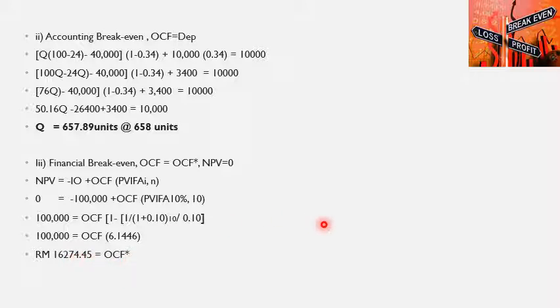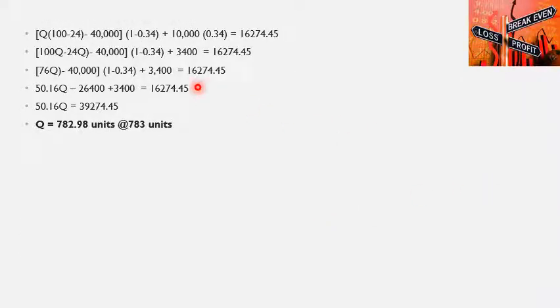To find Q for financial break-even, OCF equals OCF star. So you put the same information based on the question: Q(100 minus 24) minus 40,000 times (1 minus 0.34) plus 10,000 times 0.34 equals 16,274.45.